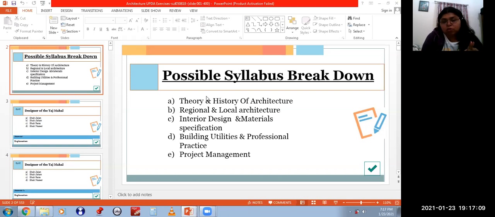Okay, so you need to know certain names of buildings, certain types of architecture, the features of certain eras of architecture, okay, certain timelines, okay. Then the second one is regional and local architecture. Okay, these are basically buildings around Doha.